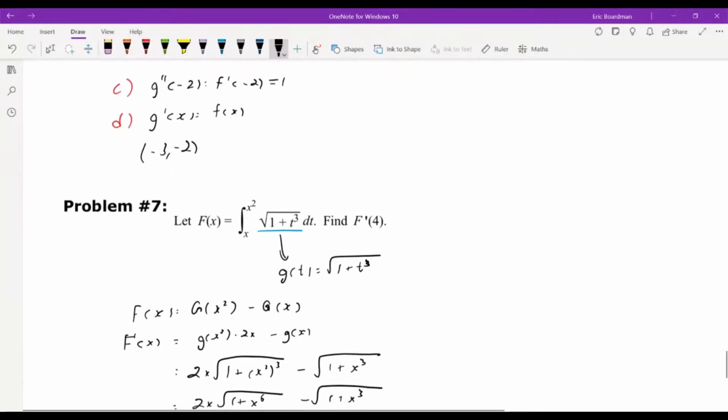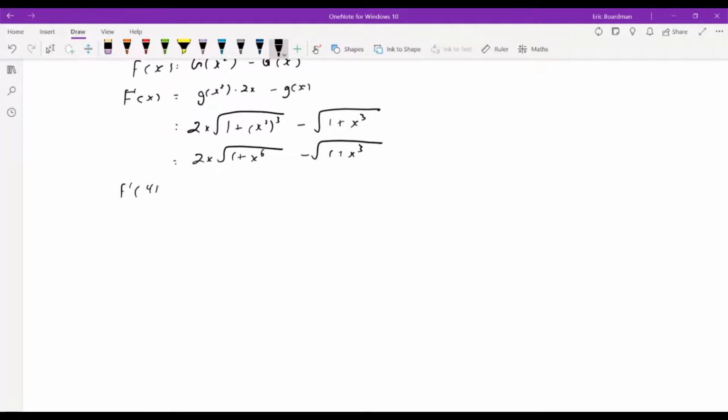And then F prime at 4 is what we want to find. So that's 2 times 4, times the square root of 1 plus 4 to the power of 6, minus the square root of 1 plus 4 to the power of 3.